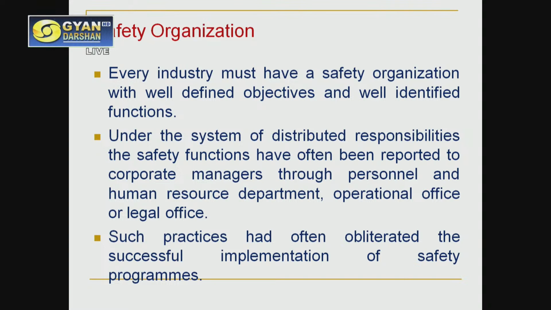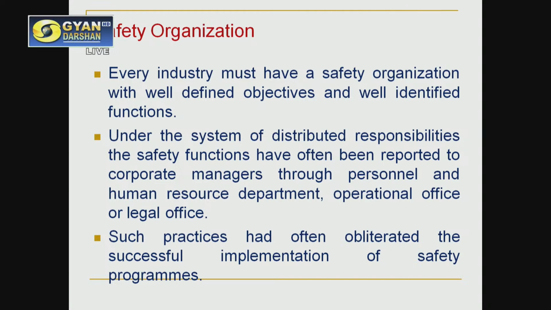The safety organizations. Every industry must have a different set of safety organizations, which define well-defined objectives as well as identify the various functions of the organizations. Under this system, the responsibilities are distributed, and the safety functions are often reported to the corporate managers.